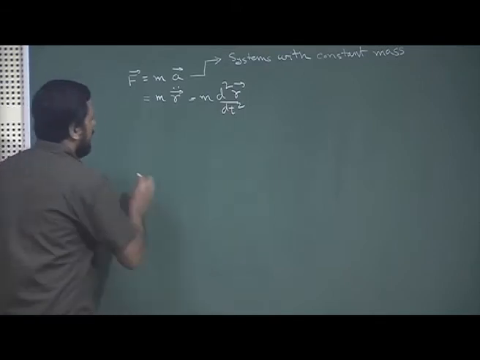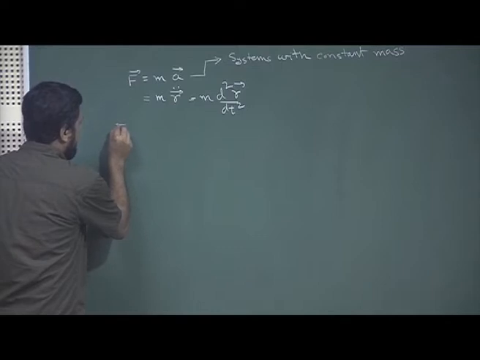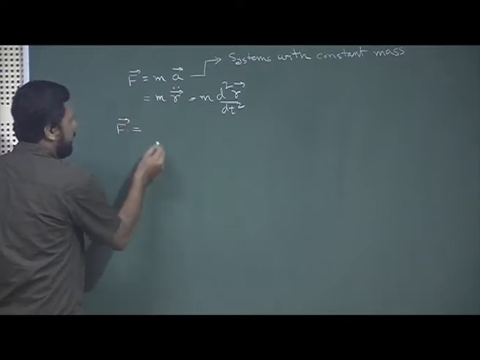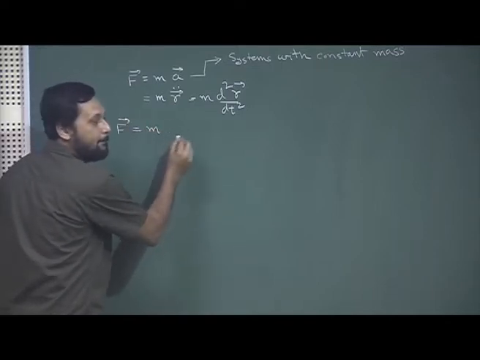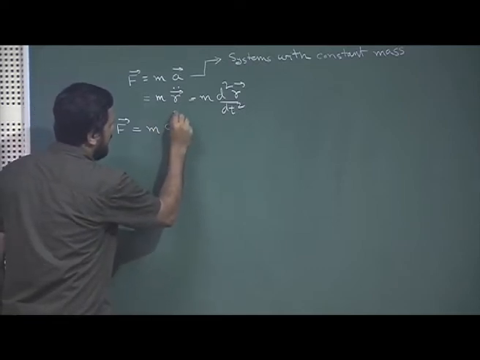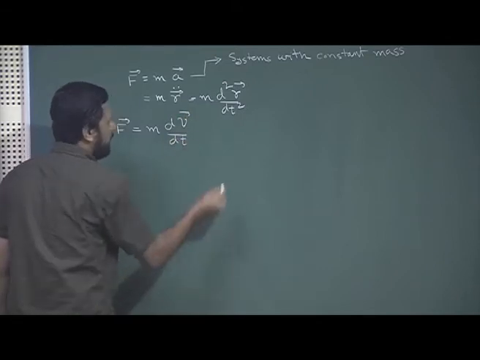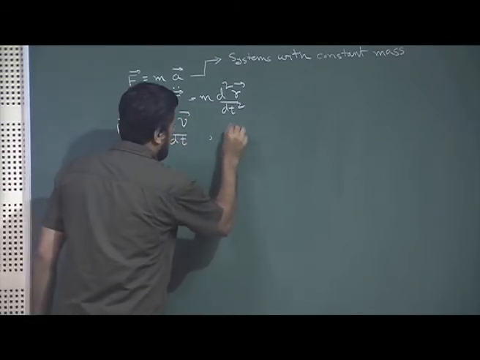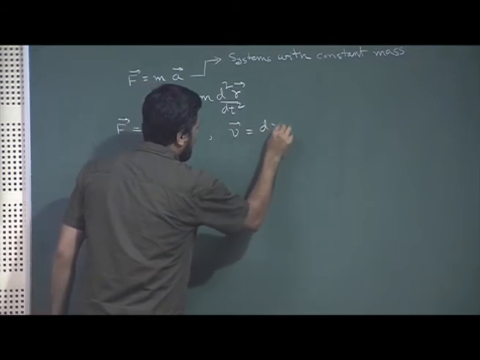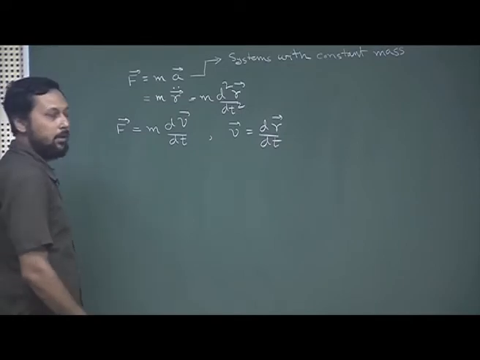Okay. Now we can rearrange this equation slightly, and we can write it as m dV/dt, where V is equal to dr/dt. Okay.